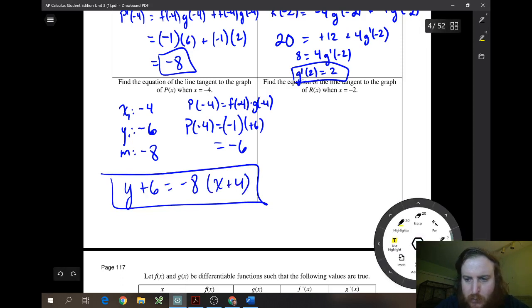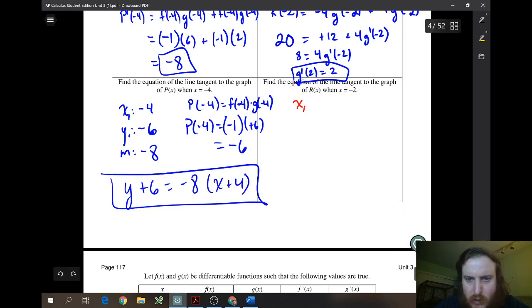Then same thing over here, right? x1, y1, and m. So x1 we know is given, it's negative 2. y1 I'm going to skip for right now, and m we already solved for was 2. So to get the y1, we're going to just plug into r of x, which was x squared times g of x. So x squared, 2 squared is 4, right?